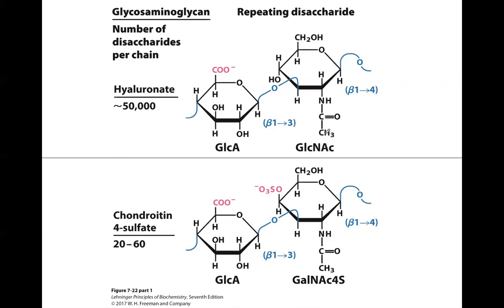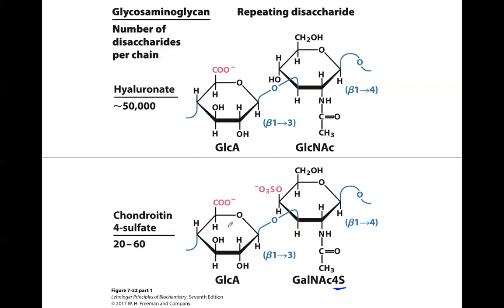So here's this N-acetylglucosamine, and the second part is glucuronic acid. Here is N-acetylgalactosamine, which is sulfated at position 4. And this is glucuronic acid too, chondroitin sulfate.